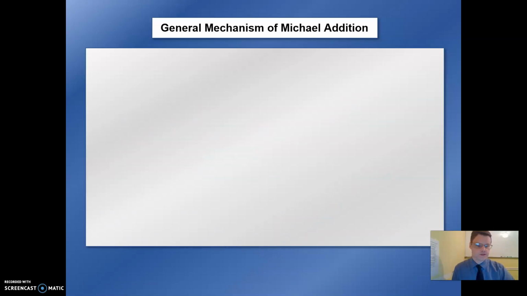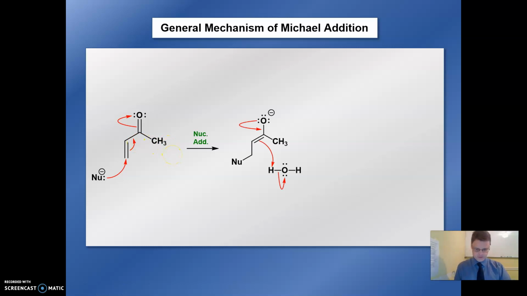All right, so the general mechanism of Michael addition is going to look like this. Our nucleophile will attack the beta carbon, and we will move some electrons around, and that's a nucleophilic addition. And we make this enolate ion. And then we can protonate that. We can do a proton transfer to get this ketone here.